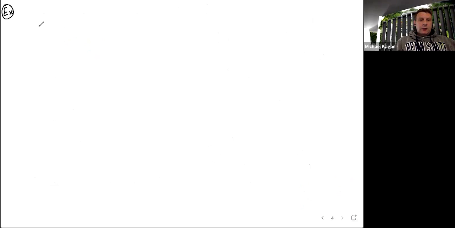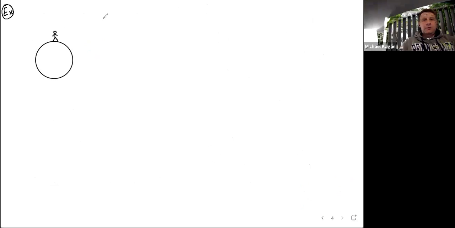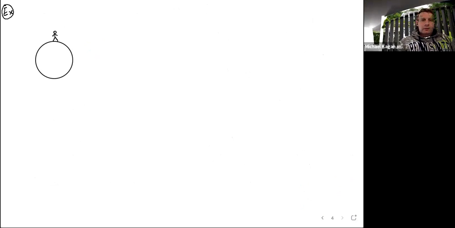So we know that on Earth there is force of gravity acting, right? The old formula, which is directed to the center of the Earth.